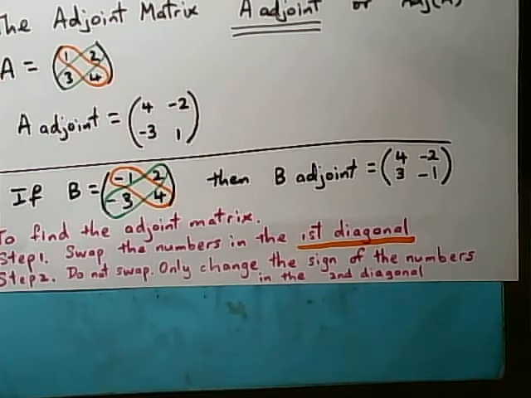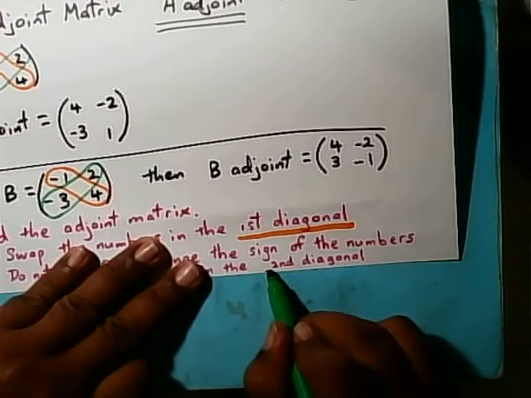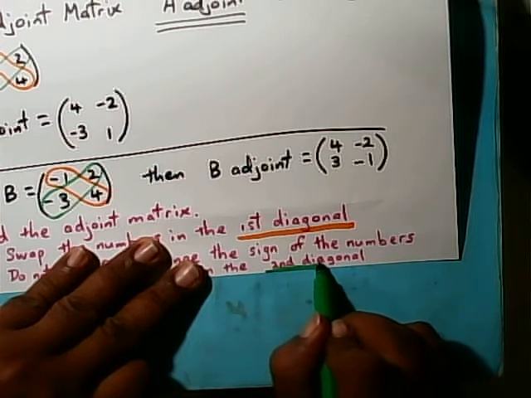Let me color code that for you. The second diagonal is the green one.